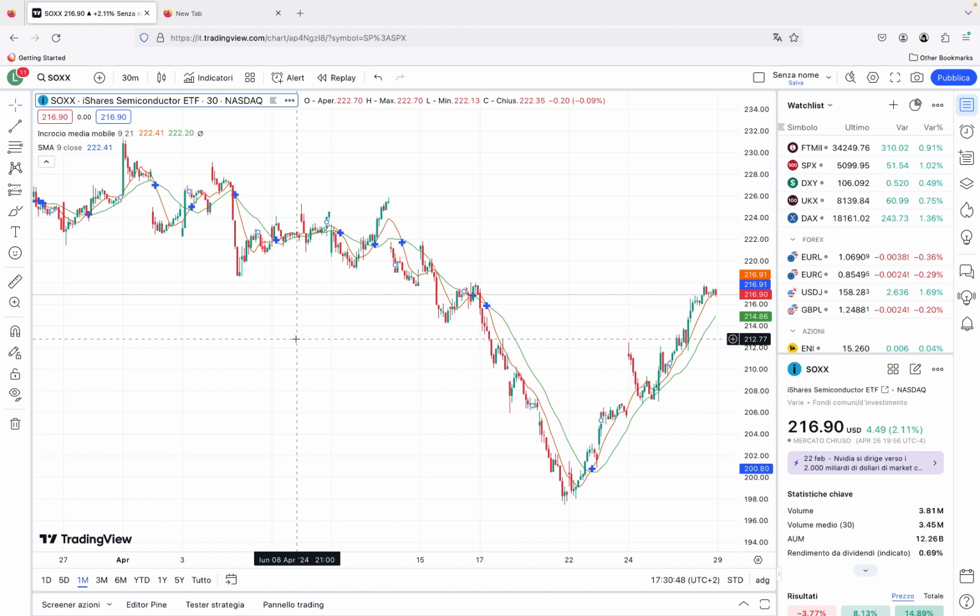Like before, to identify the trend, I see the first day 6 months ago and the last. It's lower, yes, so this is a downtrend. You can see 6 months ago $226, yesterday, 2 days ago, 217.